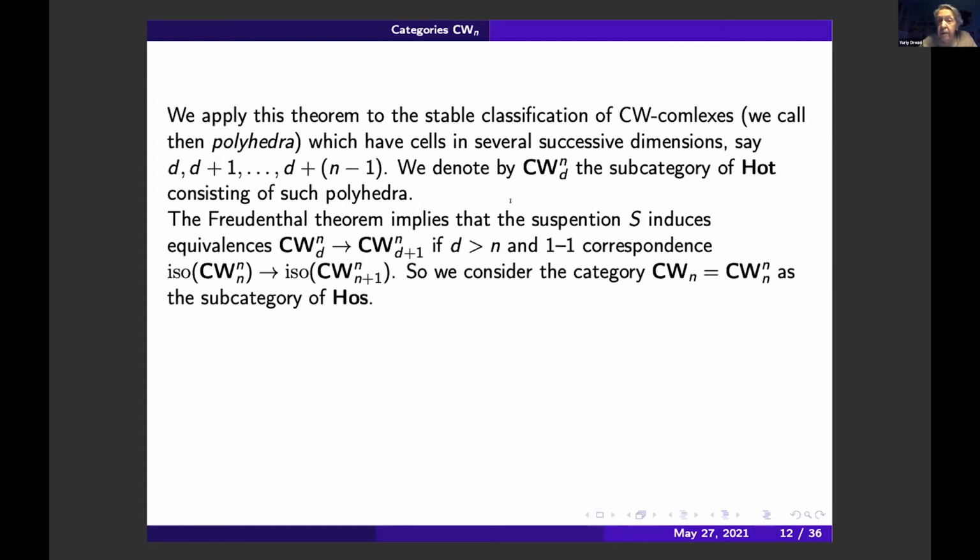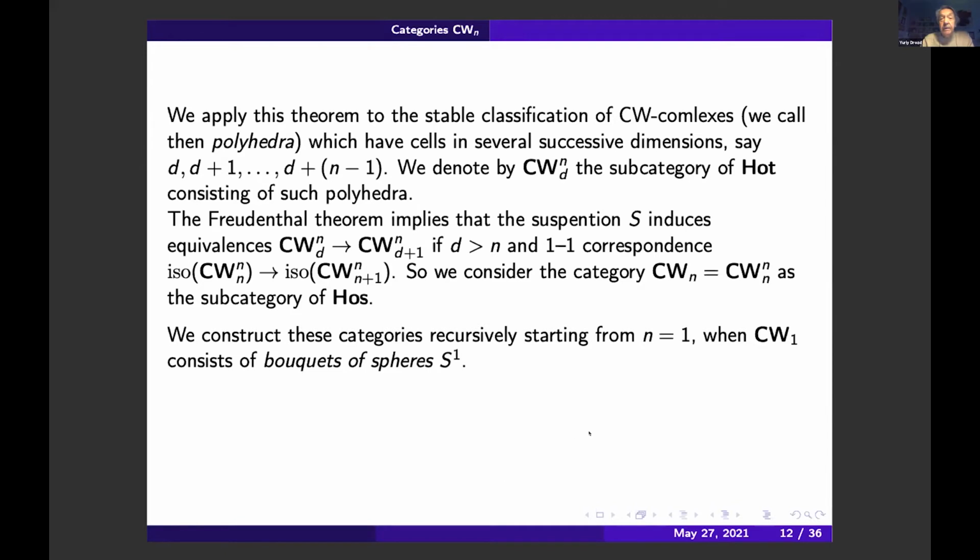Moreover, the Freudenthal theorem implies that the suspension induces equivalences from D to D plus 1 of such categories if D is bigger than n. And if D equals n, it gives a one-to-one correspondence of isomorphic classes. So we consider the category with n successive cells, starting also from n. And we can consider it as a subcategory of a stable homotopy category, which doesn't matter.